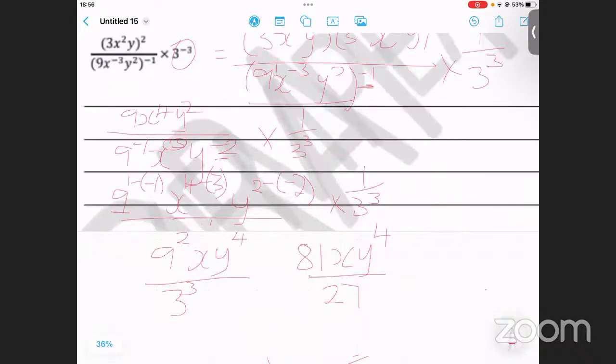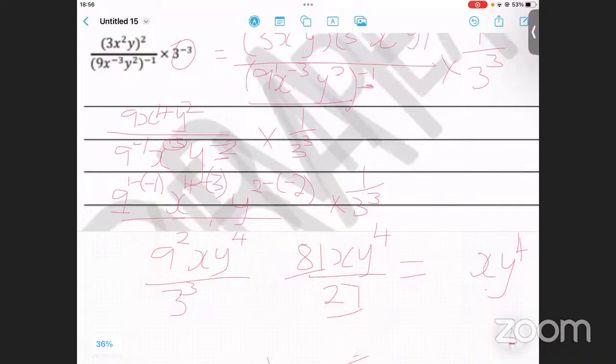And if you're having something like this, remember, they didn't say you must not use a calculator. So to do your things fast, you can say on your calculator, 81 divided by 27, because you want to try to minimize the numbers. But we know that we're going to end up having x, y to the power of 4. Maybe there's a number that goes into 27 and it also goes into 81.